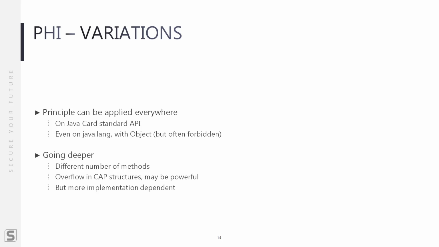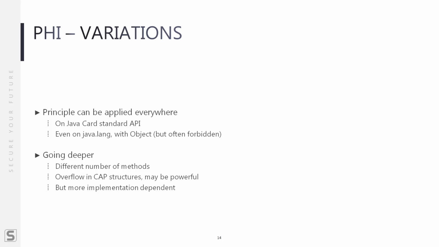So, this is the principle of the phi attack, and we saw how to perform a type confusion. But in fact, we can apply this principle to obtain other exploitations. For instance, we have used our own packages, but we can do the same with any class of the JavaCard standard API.